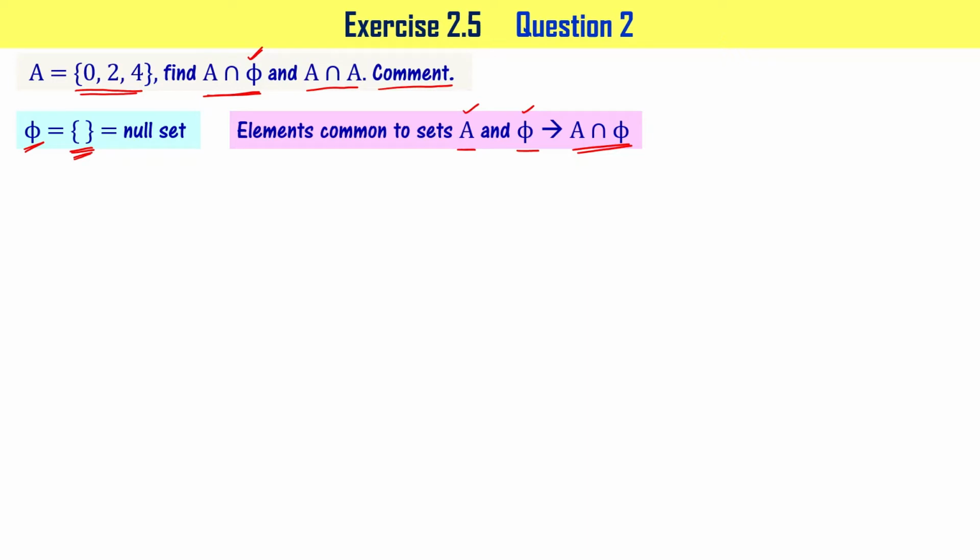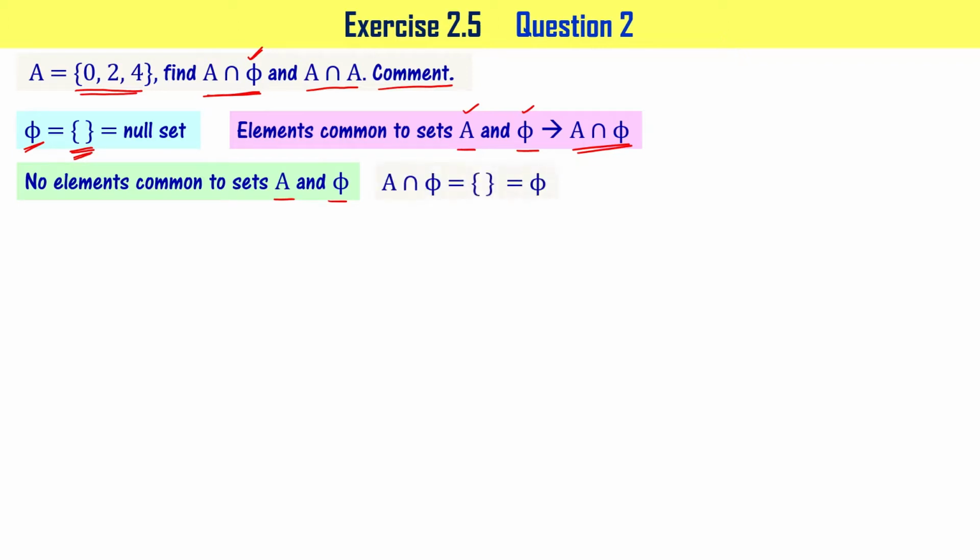It means the elements common to set A and set Phi are nothing. So no elements are common to sets A and Phi. So we can write A intersection Phi as the set containing no elements. It means A intersection Phi is equal to Phi.